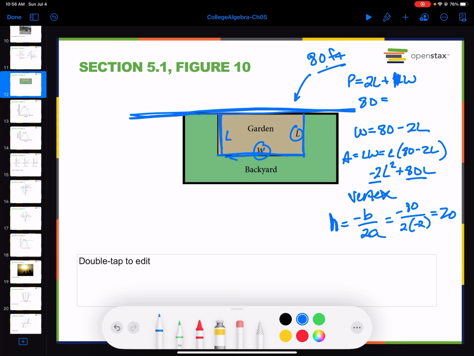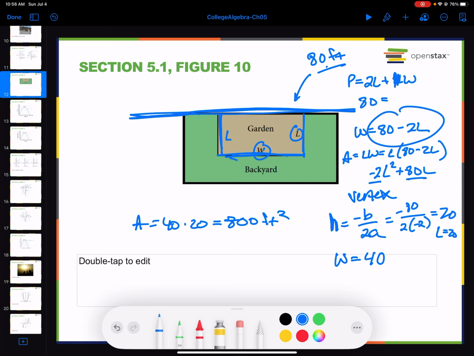So when L equals 20, the width is going to be 80 minus 2 times L. So it's going to be 40. And then what is that area? That's going to be 40 times 20, or 800.